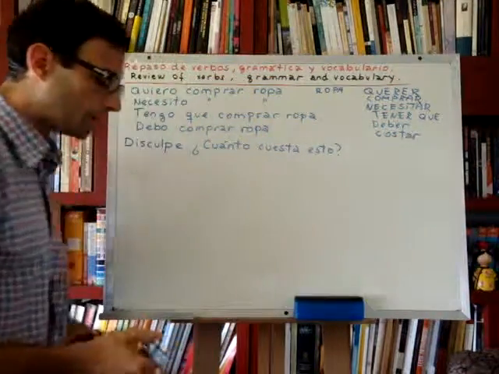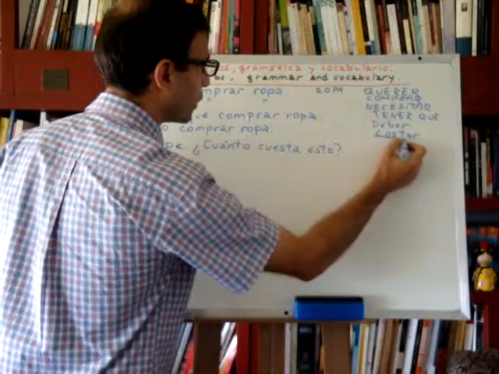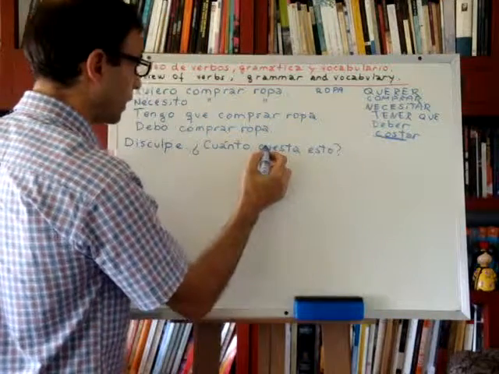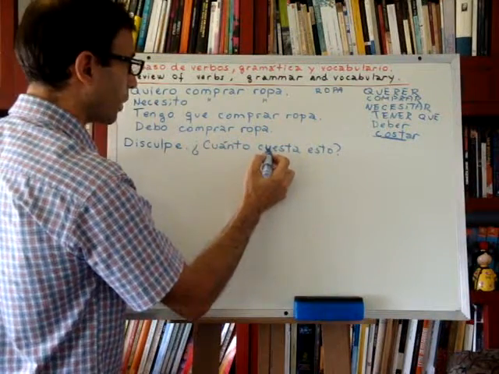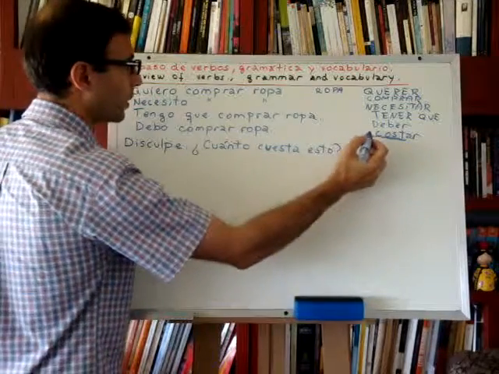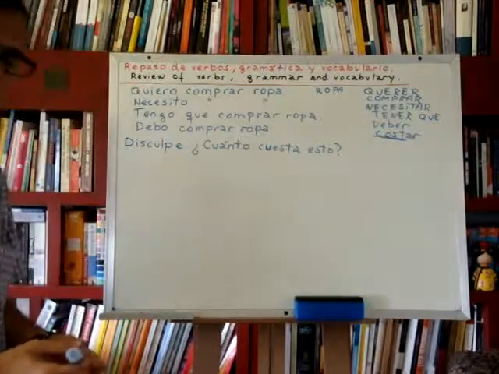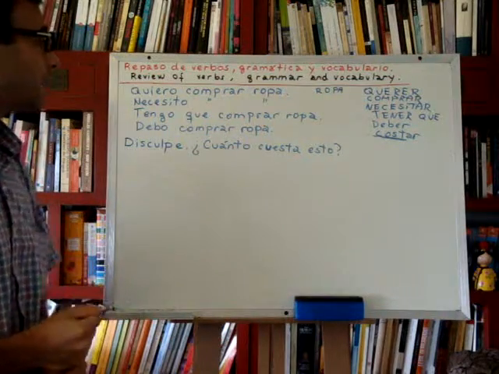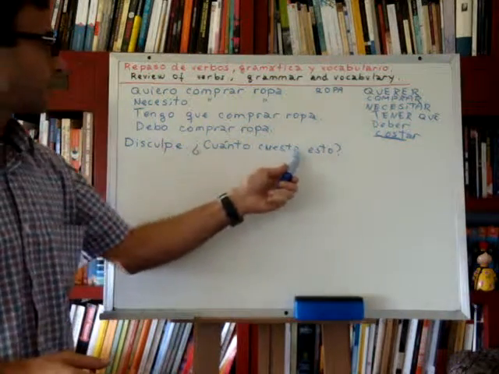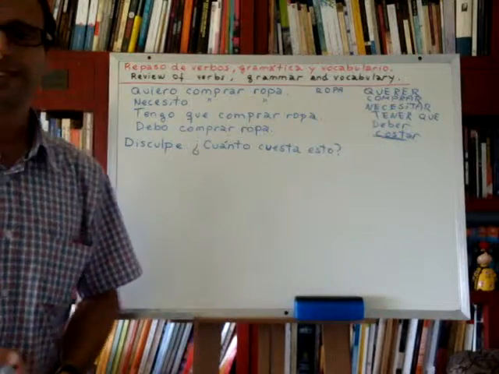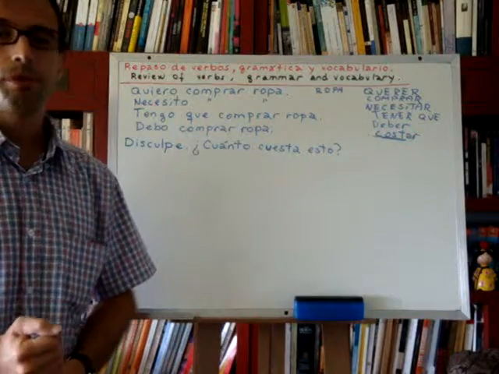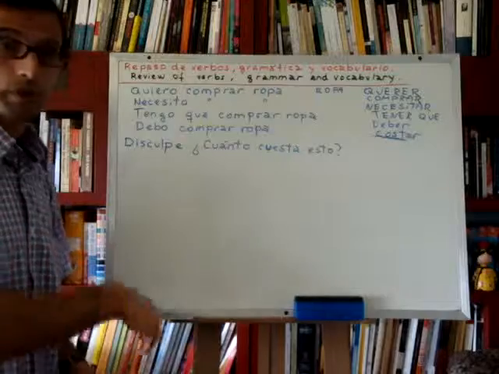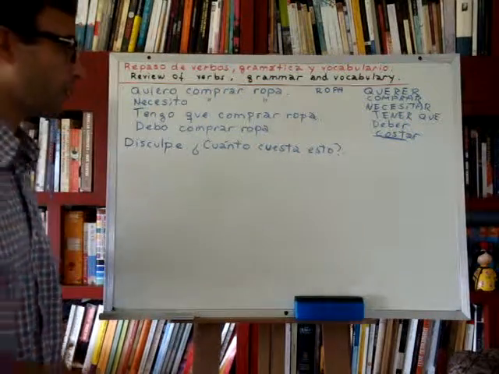It is an irregular verb, that's why the root of the verb has changed, the O changed to UE there. Cuesta instead of costa. It is irregular in the present tense here. And cuesta is conjugated for the it, for the person it. We are talking about the clothes. Third person of the singular.